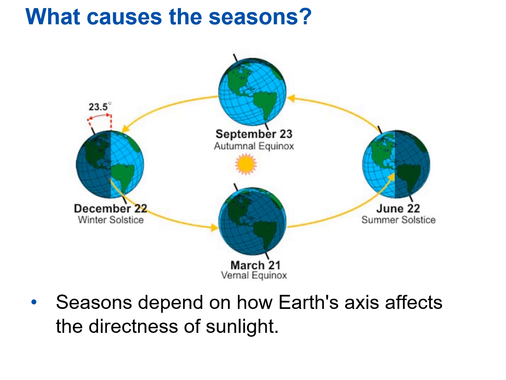As the Earth goes around the sun, remember its axis is tilted at a 23.5-degree angle from perpendicular to the ecliptic plane, and it stays pointing in that direction. So you see, as we go around in the year, that north axis is always pointing in the same direction. The seasons depend on how Earth's axis affects the directness of sunlight.